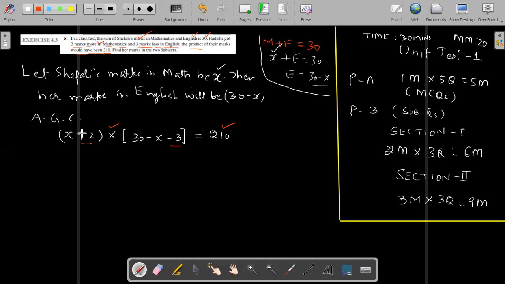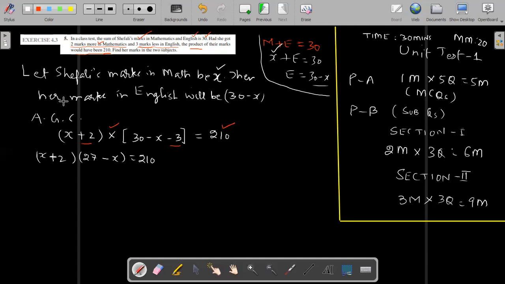Now we can solve to get the answer. So now x plus 2 into 30 minus 3 will become 27 minus x is equal to 210.